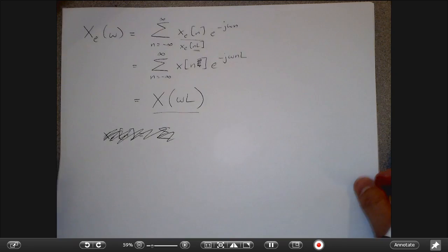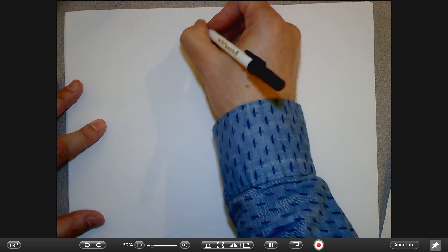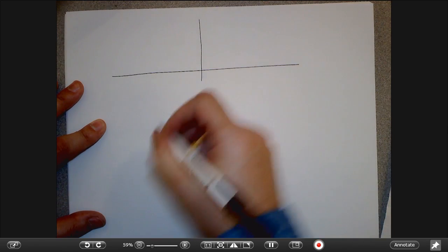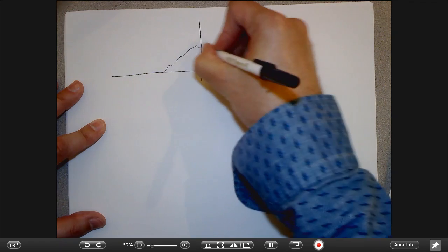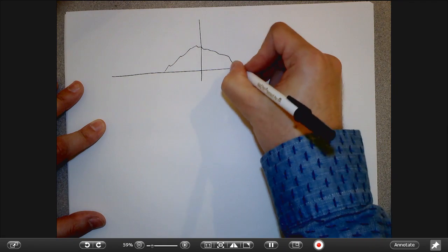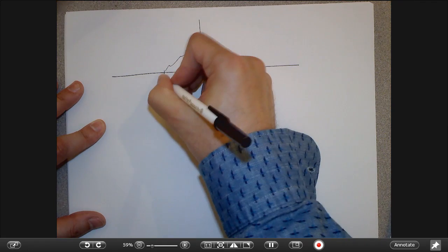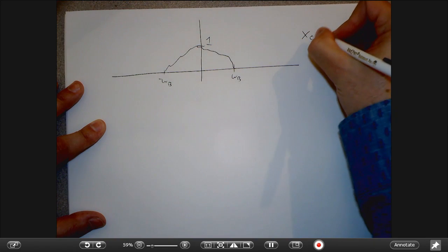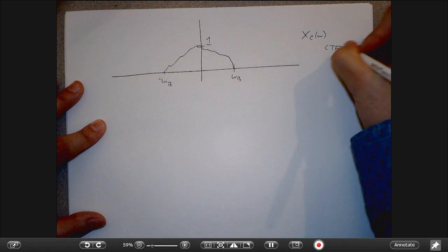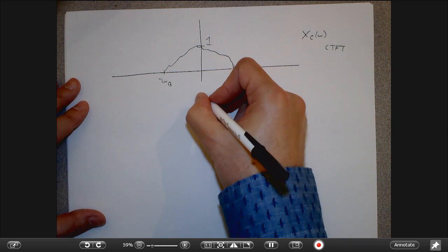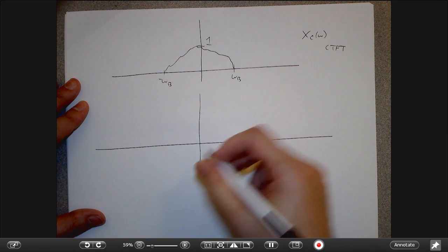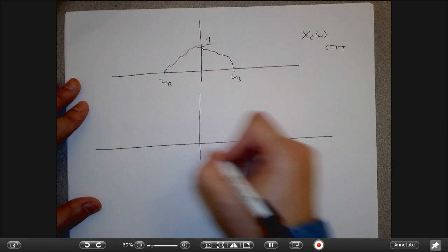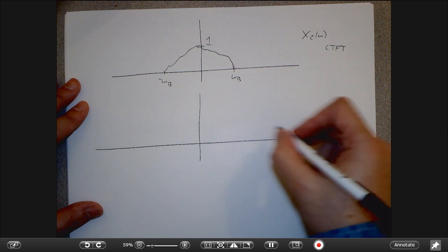Well, if this is my original continuous time signal, going back to the original sampling, if my original continuous time signal looked like this, now I sample it at some original rate. When I sample it, I get the spread out and aliased copies.